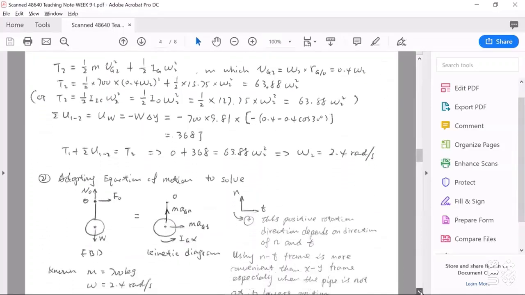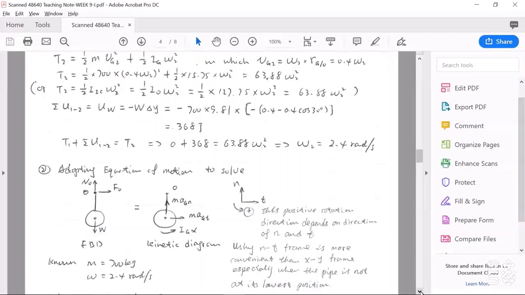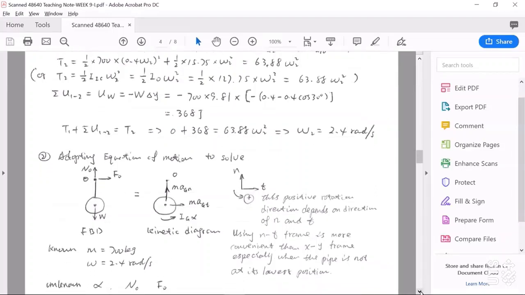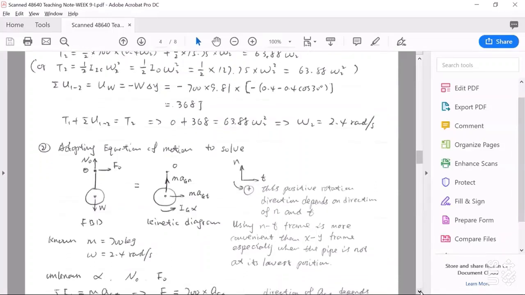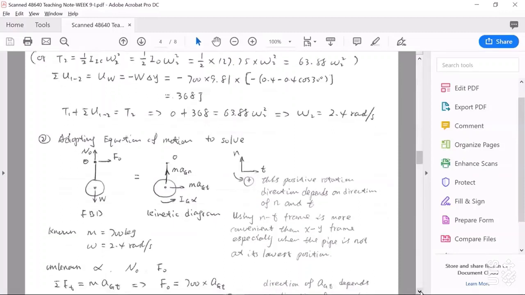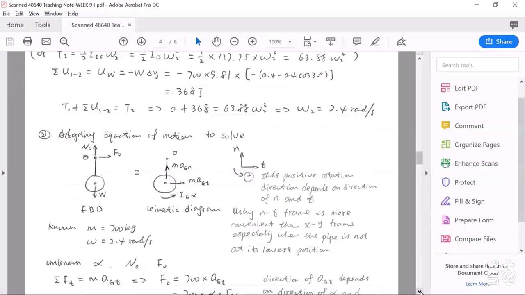Okay, now, if we can work out this omega 2, then we can go to the next step using kinetic equations of motion to work out reaction forces NO and FO. And this time, we use a normal tangential coordinate system.